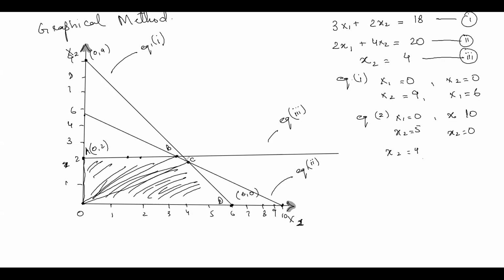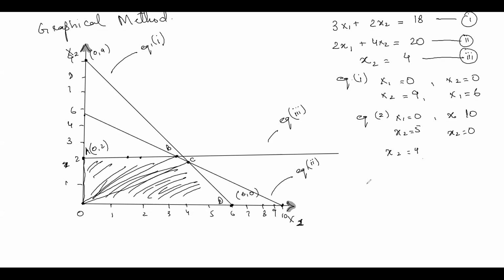Point number C is the point where equation 1 and equation 2 intersect with each other, which technically means that these two equations are equal, which means that we can take a subtraction.